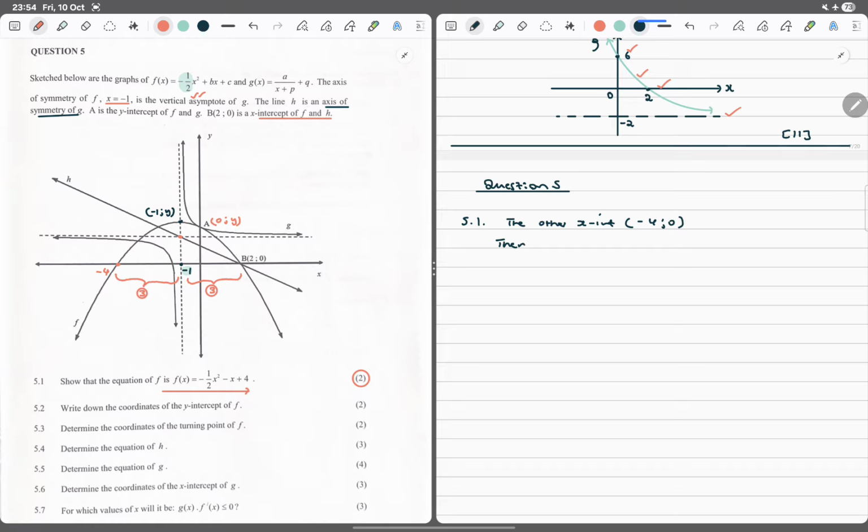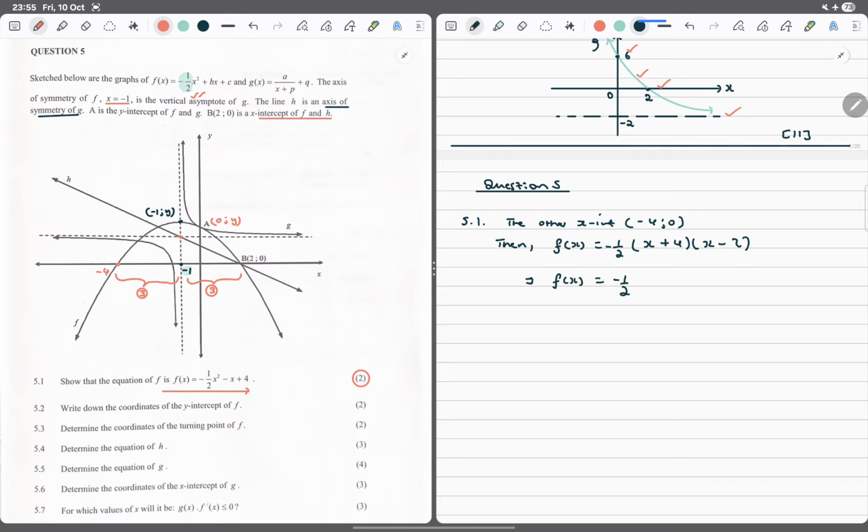So what can we say then? We know that our f function is minus a half of, essentially, we're going to use the root form. So x minus the first root into x minus the second root. Okay? Then we expand.